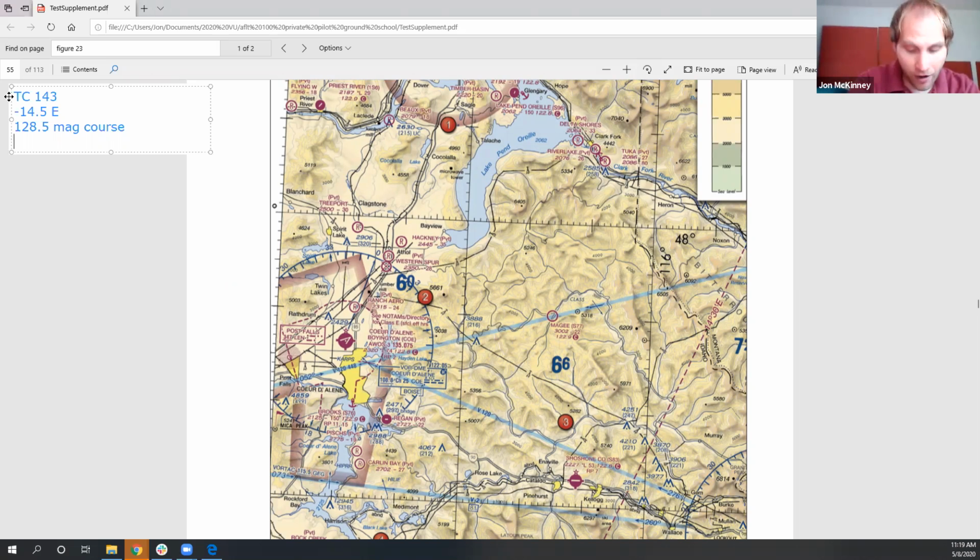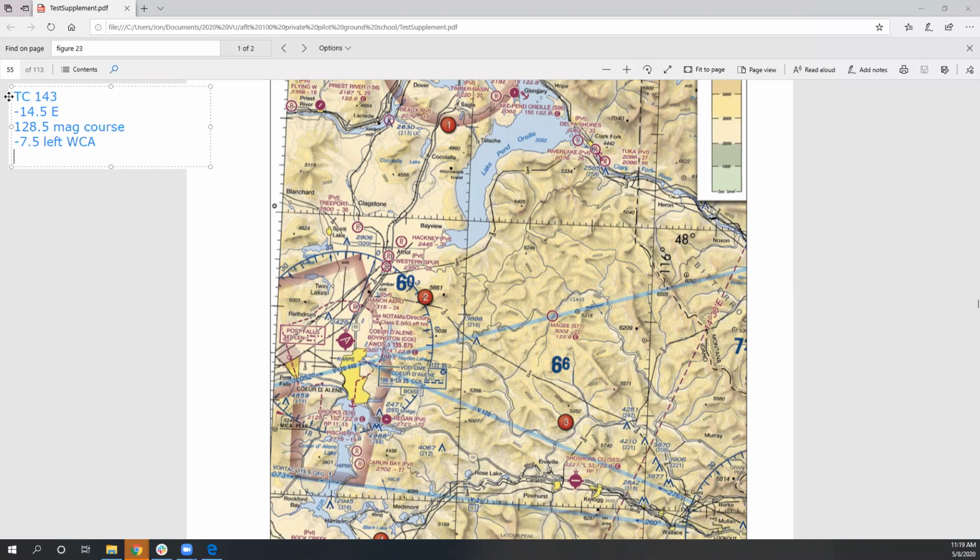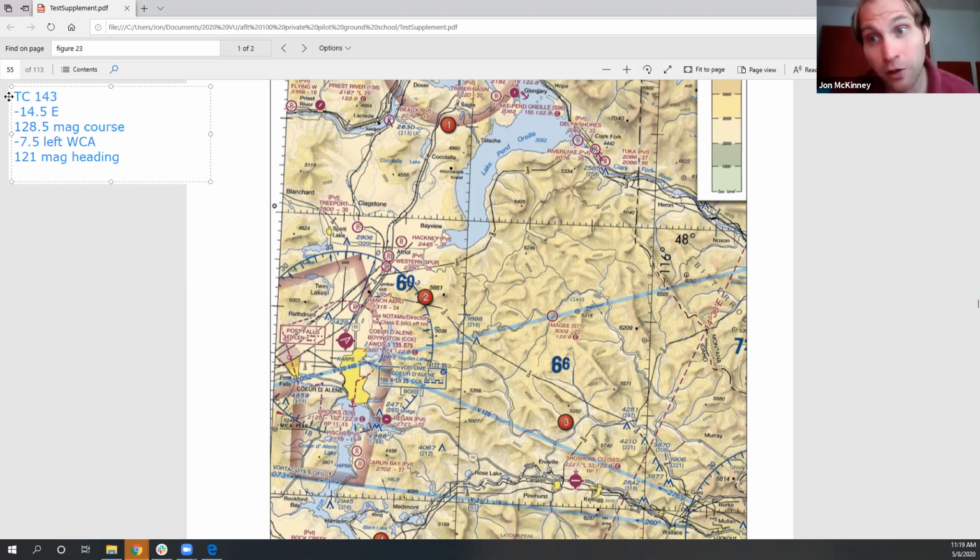Okay, so today our wind correction angle is minus 7.5, to the left. If you use your calculator, it's tough to screw it up too much, and it looks like 121. I agree. So we think 121 is now our magnetic heading. Do you agree? Yes, sir. And then I think that's all we can do for this particular problem.